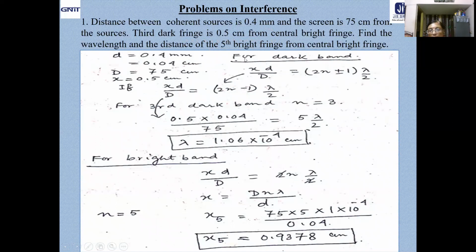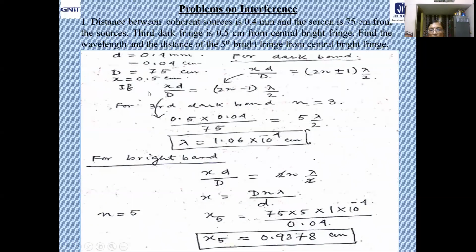Now, so far as the conditions for dark and bright fringes are concerned, we know that in terms of path difference, we express them. The path difference equals xd by D. For dark fringe or dark band, it is written as odd multiple of lambda by 2. That means (2n plus minus 1) lambda by 2.